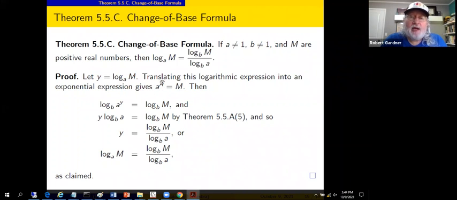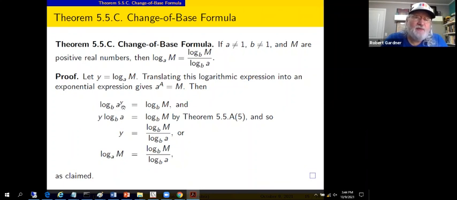Little typo there, a to the y power equals m. Excuse me, I'll get that corrected in the notes. Then when we look at log base b of a to the y, well, a to the y equals m. So we'll just substitute for a to the y the m parameter, and we get this is log base b of m.